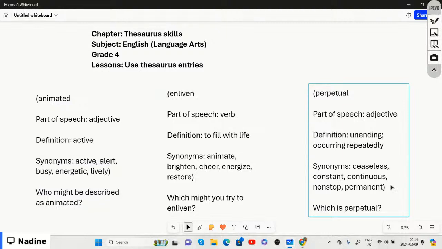Perpetual, the part of speech first is an adjective.